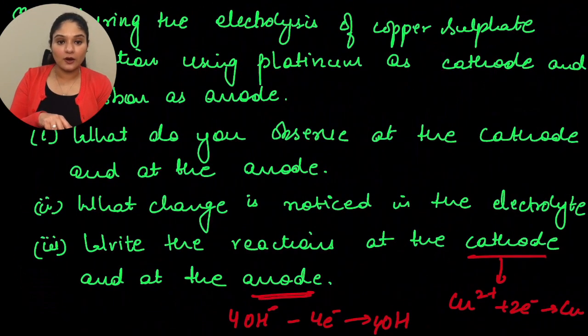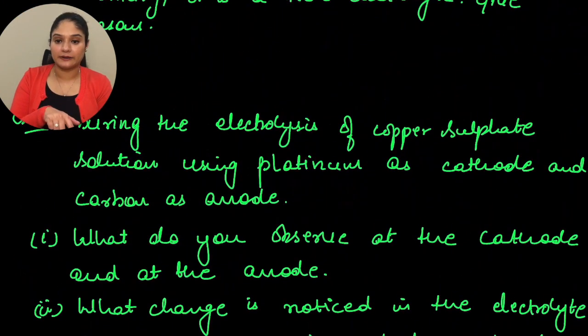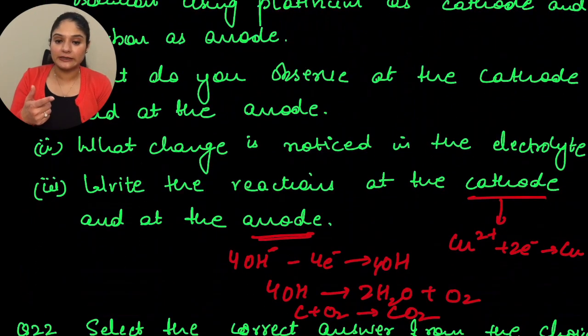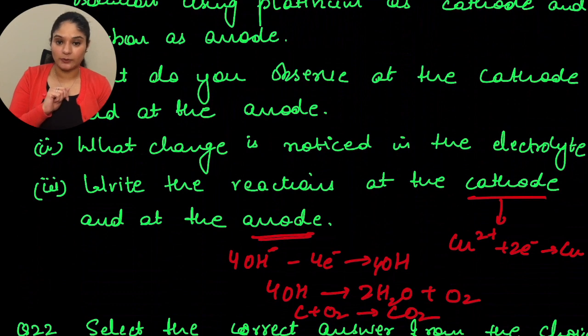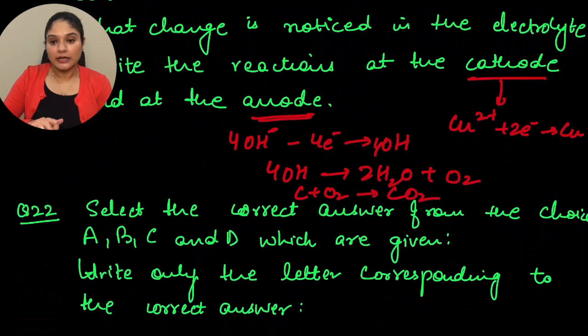And since you have carbon at the anode, carbon also reacts. So C plus the oxygen that you got from the above reaction will combine to give you CO2. So a gas will appear at that position. You can see gas vapors. That is carbon dioxide. Let's move to the next one.